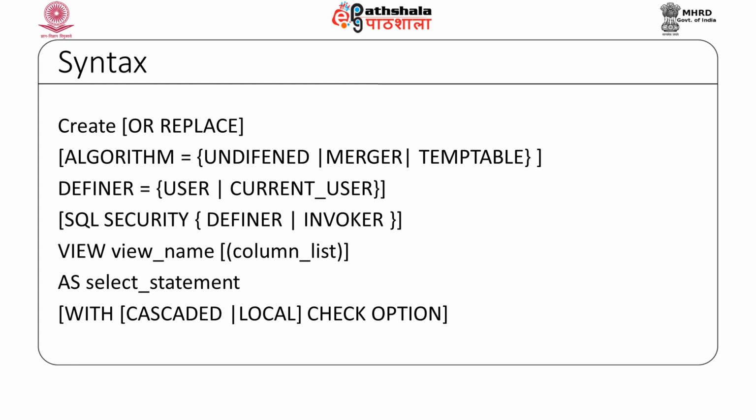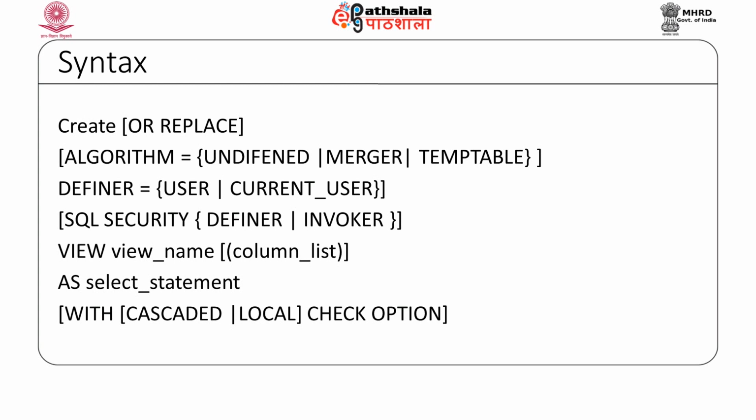When you specify create or replace, you are allowing the compiler to drop the object and recreate it. If you do not use the word replace, the compiler will give you an error saying the database object already exists.